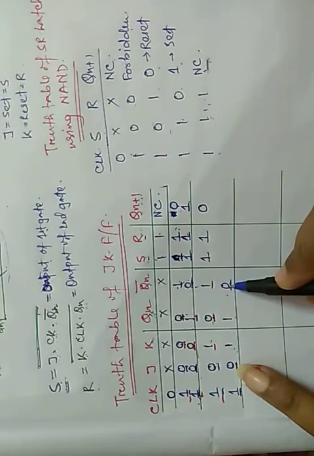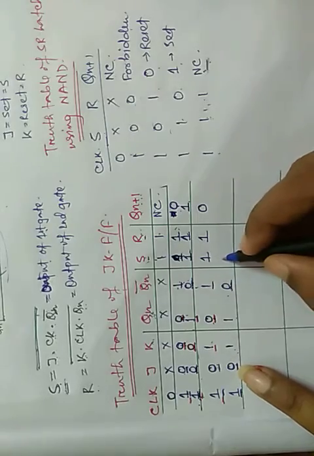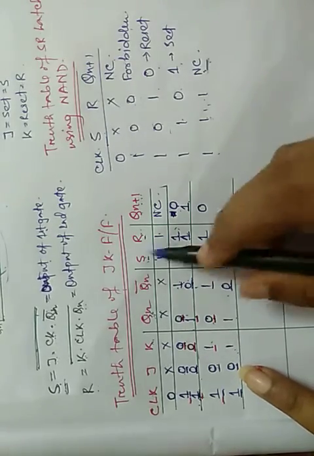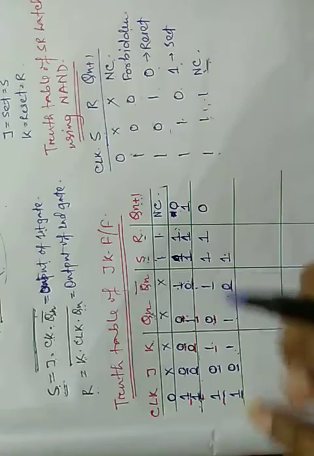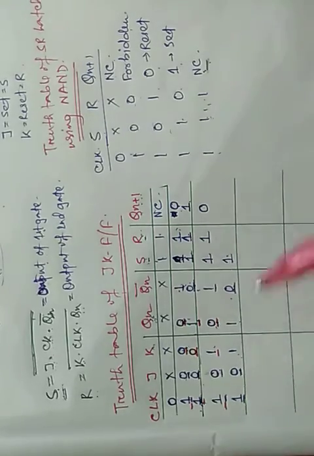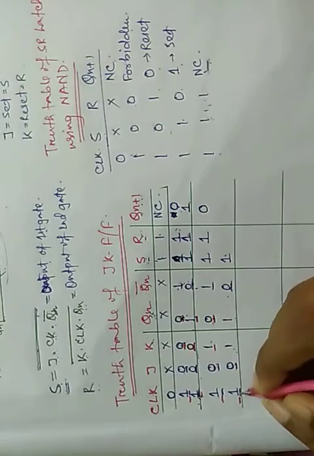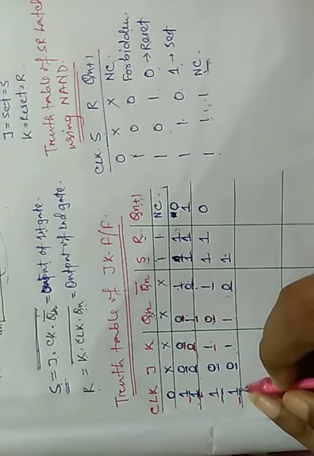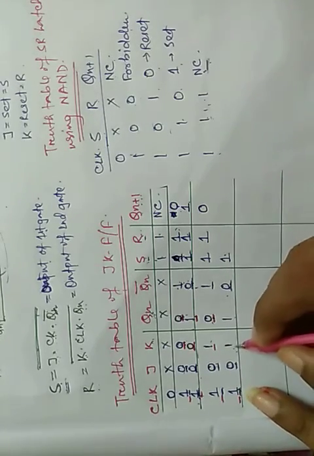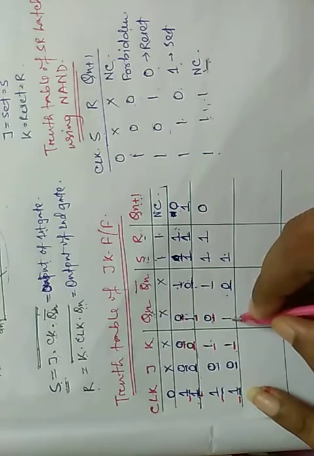Again, one input signal is 0, so output is 1. S is 1. Now for the R input, clock is 1. Clock has to be checked in both cases. Clock is 1, K is 1 and Qn is 1.